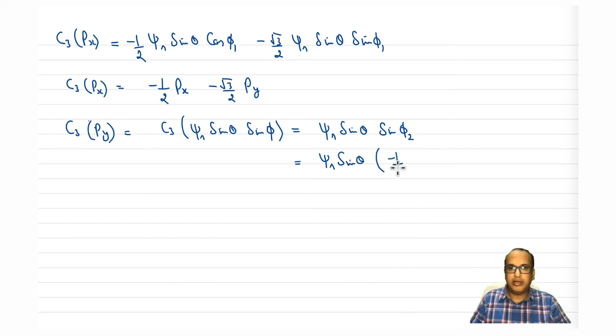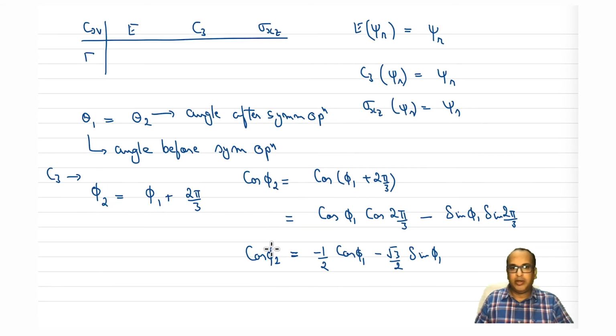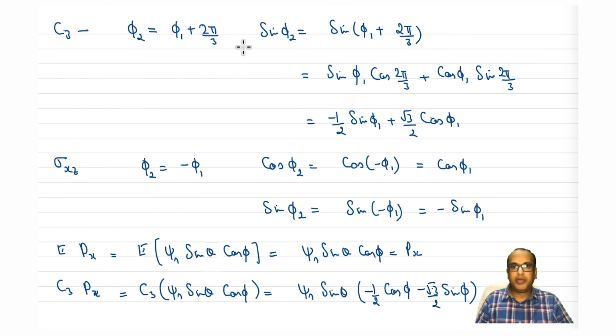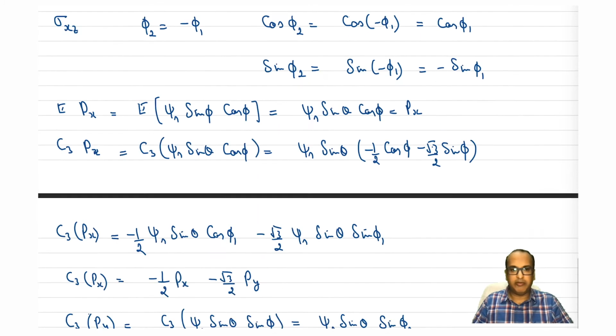This I can write as minus half sine phi 1 plus root 3 by 2 cos phi 1, right? So this again is coming from the effect of C3 onto sine phi 2, which gives you minus half sine phi 1 plus root 3 by 2 cos phi 1.